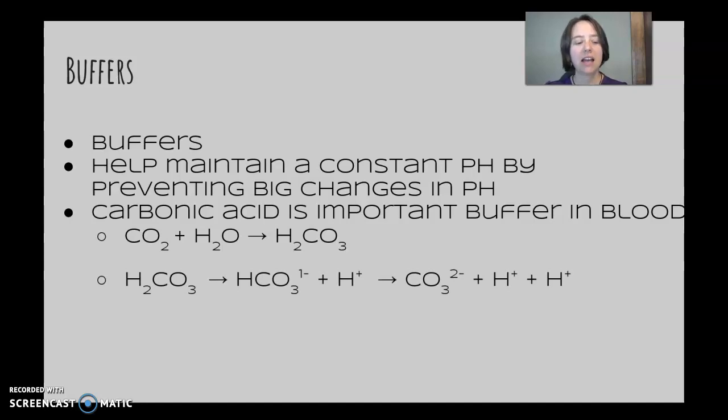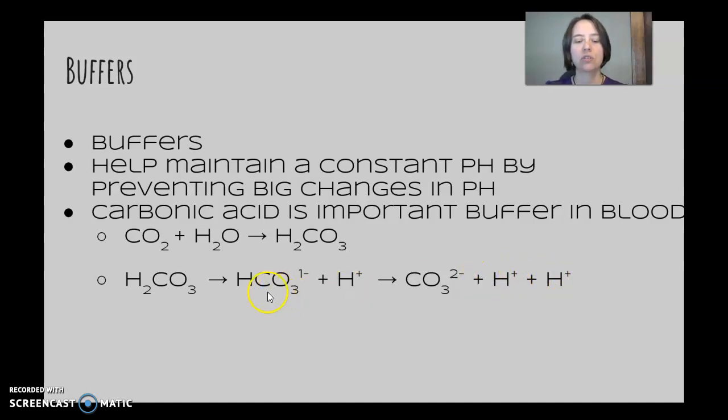And then carbonic acid will break apart, it will dissociate into a bicarbonate ion and one of its hydrogens, so a hydrogen ion. And then that can further break apart into the carbonate ion where it's missing both of its hydrogens, and then a hydrogen here and a hydrogen here. So as we know, acids donate hydrogens, and bases either have OHs or they tend to accept hydrogens.